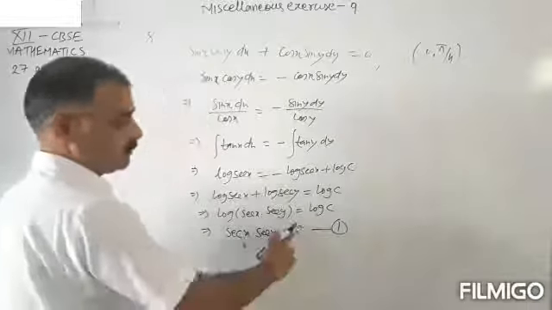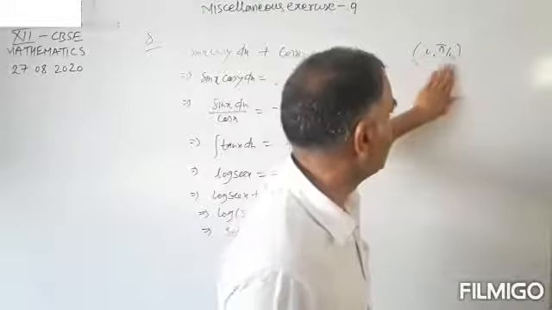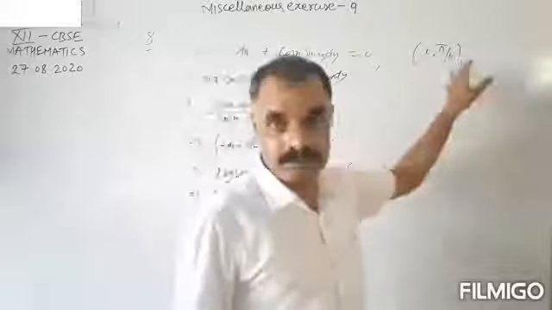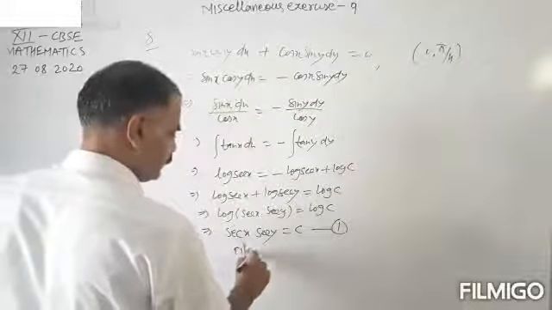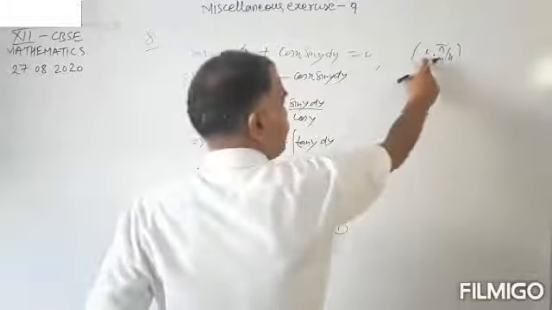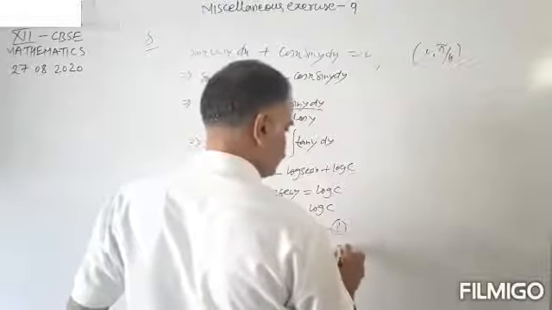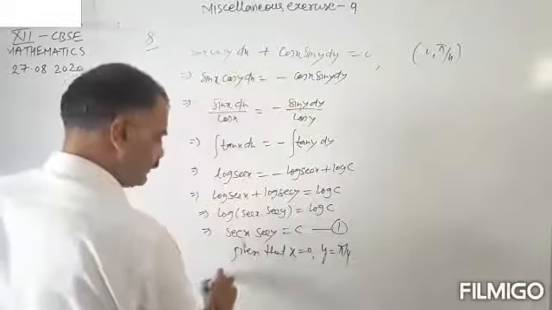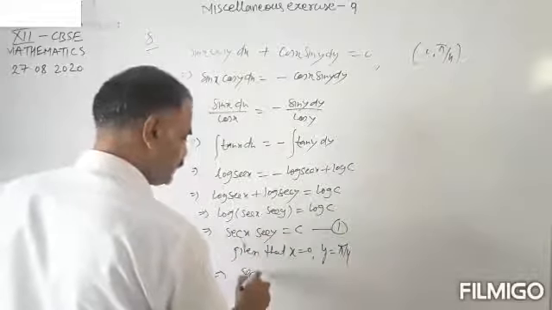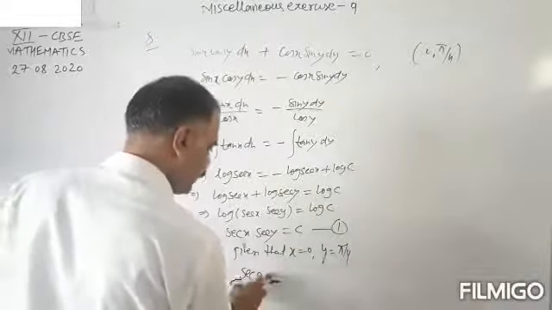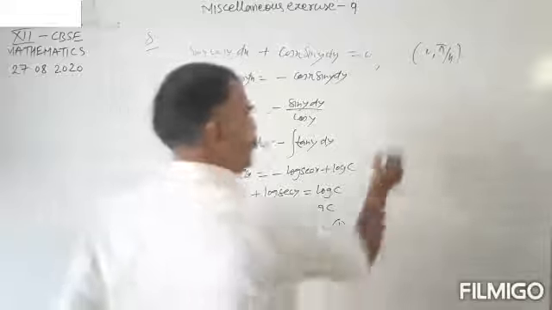Now we have to find the particular solution, after passing through the given point, that is, given that x is equal to 0 and y is equal to pi by 4. Putting x equal to 0 and y equal to pi by 4 in this equation, sec 0 multiplied by sec pi by 4 is equal to c.